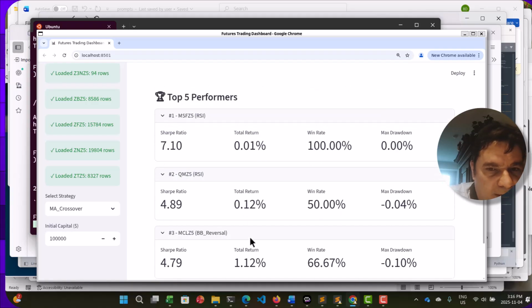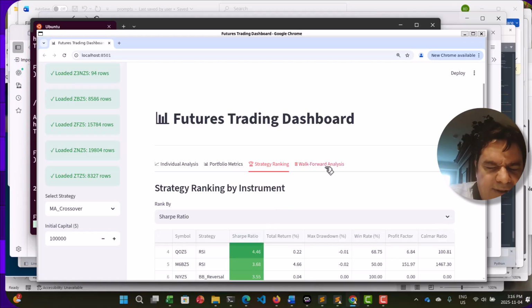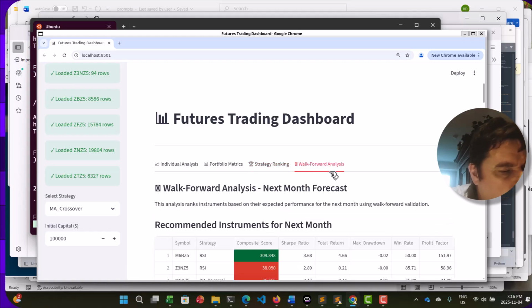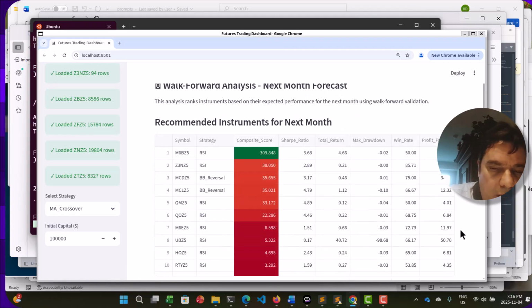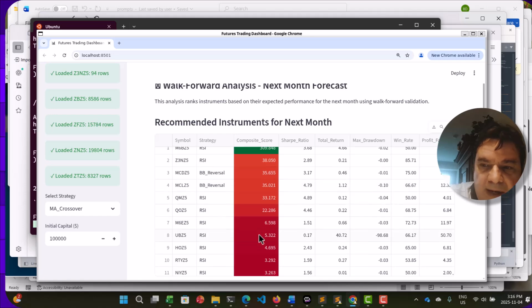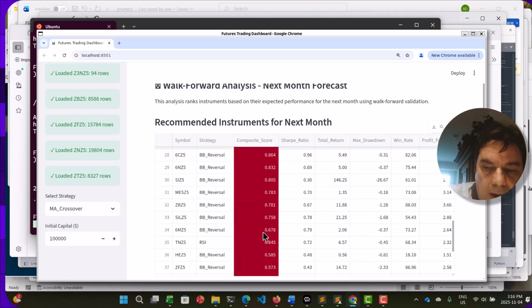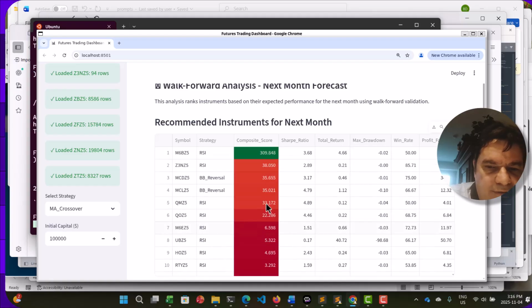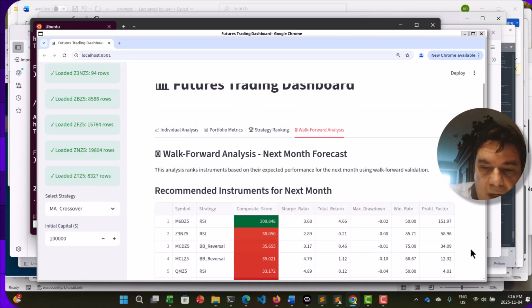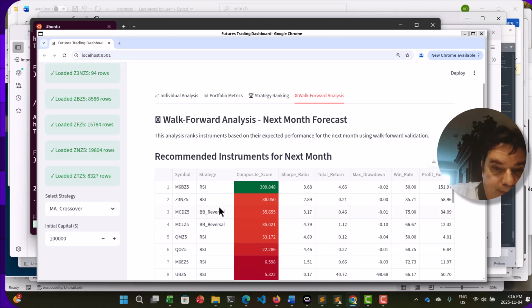Okay, that's past performance. But this is where it gets very interesting. I've also asked for a walk forward analysis based upon the data I've just shown you. This is where the hallucinating could come into play. But right now, based upon what I'm seeing here, the only one to look forward to is really this M6B, which is the British pound.